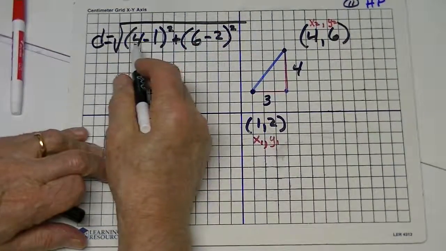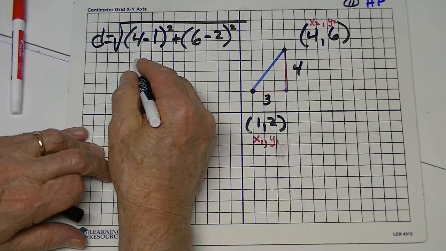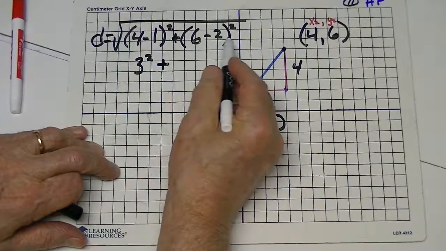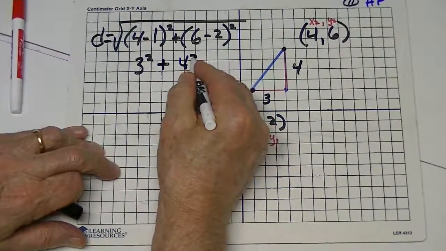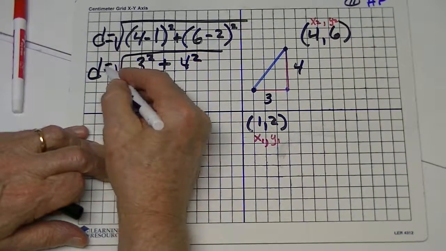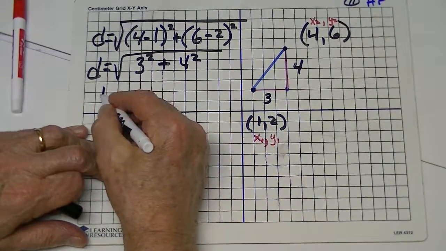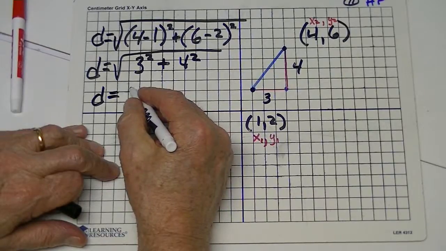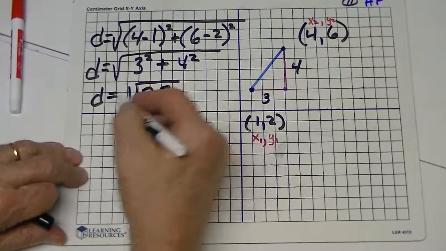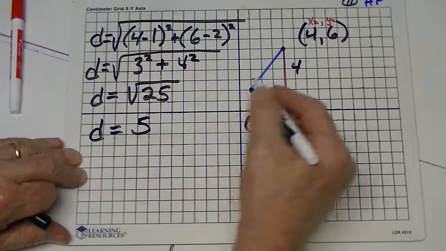So when we do this calculation, this is going to be 3 squared. This is going to be 4 squared. So this is 9 plus 16. This is going to be the square root of 25. So the distance D is 5.